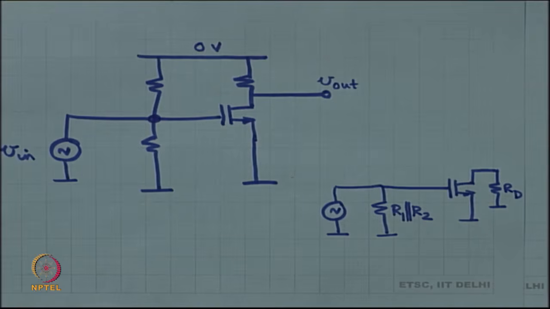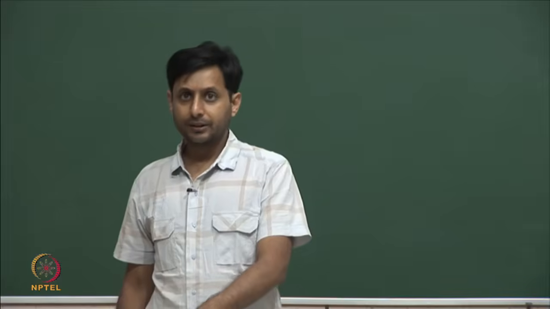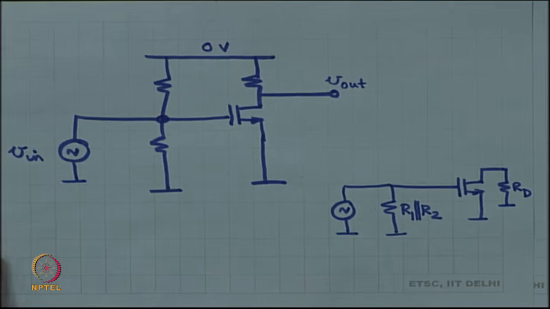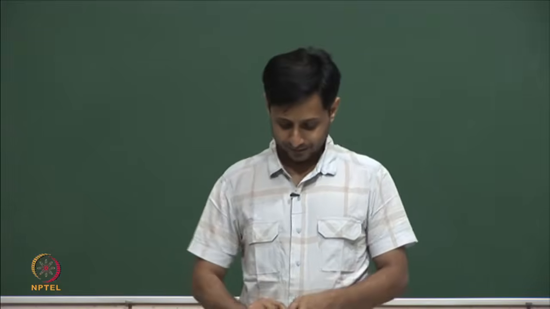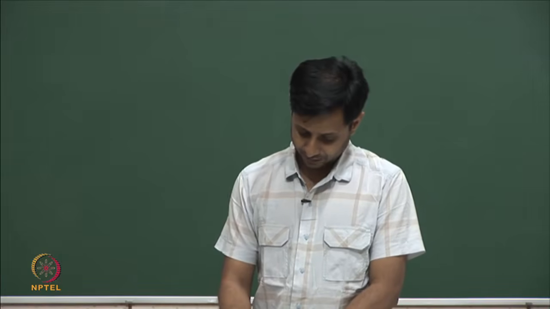I am not necessarily one of those people, but it is okay. You can draw it like this if you want to. Is this okay? Then what we are going to do is replace the MOSFET with its small signal incremental model, and what we are going to land up with is something that looks like this.